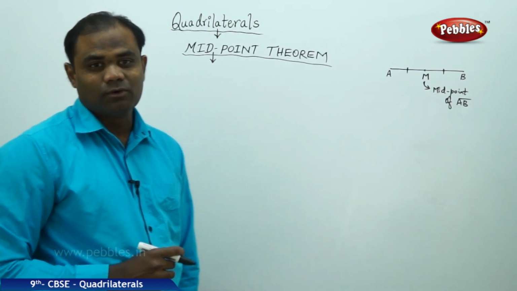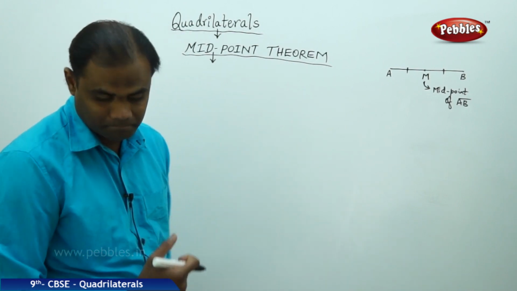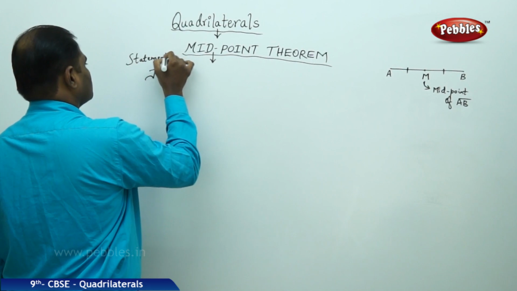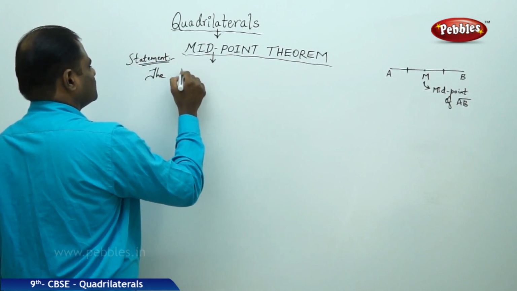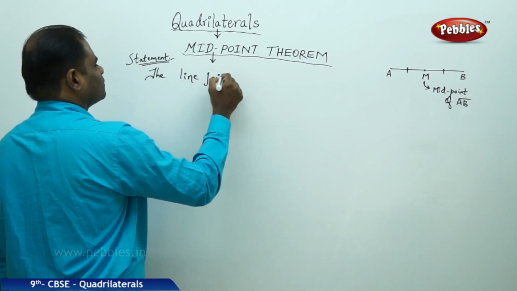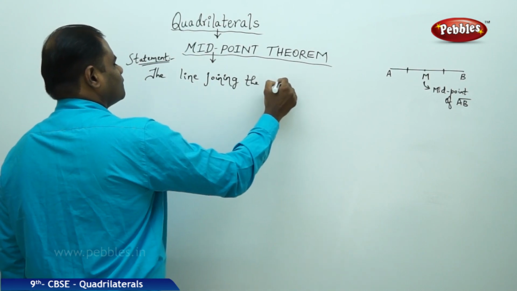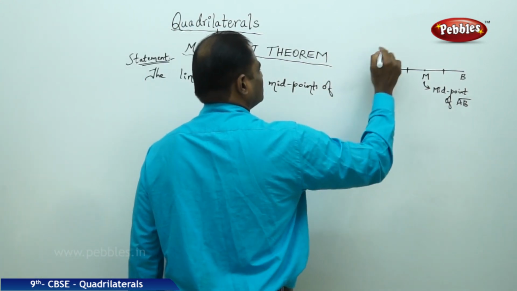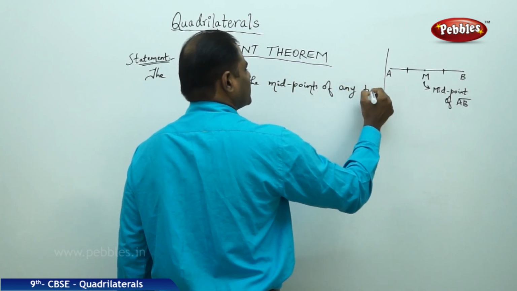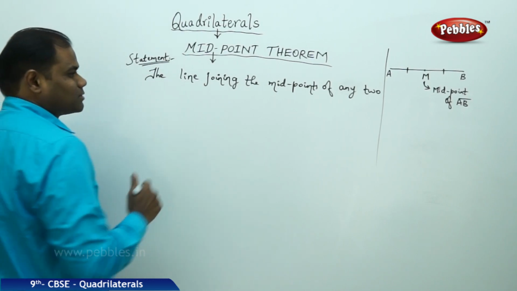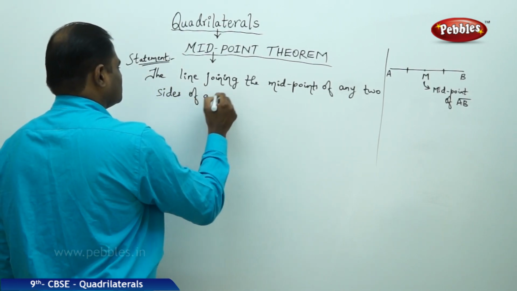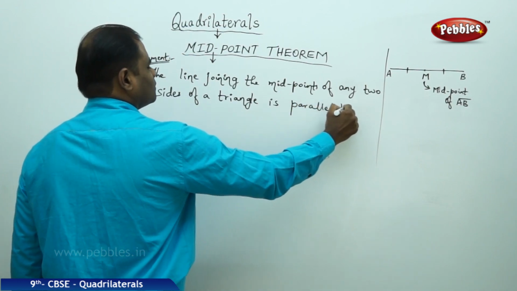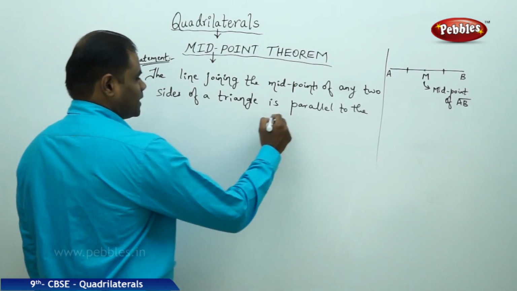So let's derive the statement before we come to the understanding of the midpoint theorem. The statement says the line joining the midpoints of any two sides of a triangle is parallel to the third side.